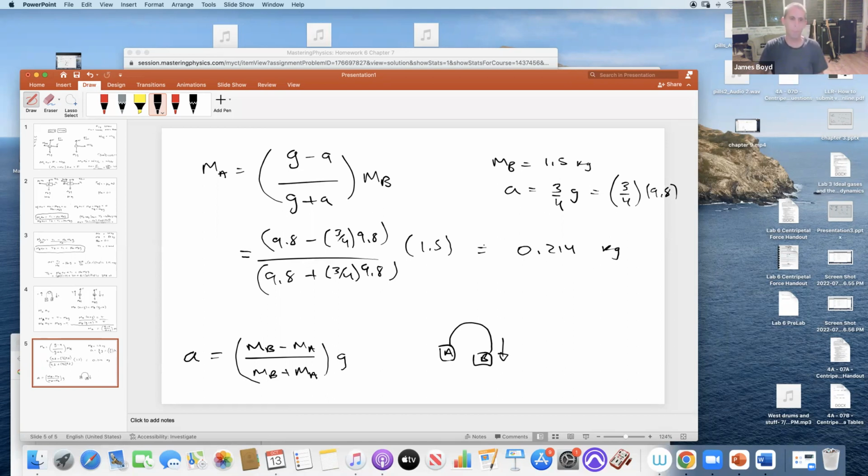But in this case, we need to solve this for MA, which is a little bit of algebraic work. If you do it correctly, you get this answer and then plug stuff in. The other weird thing is that they give you the acceleration as 3/4 G, and that just means multiplied by 3/4 by 9.8. So alrighty.